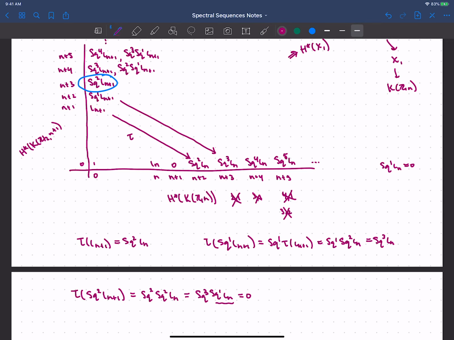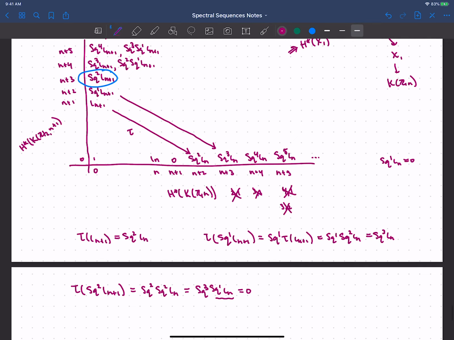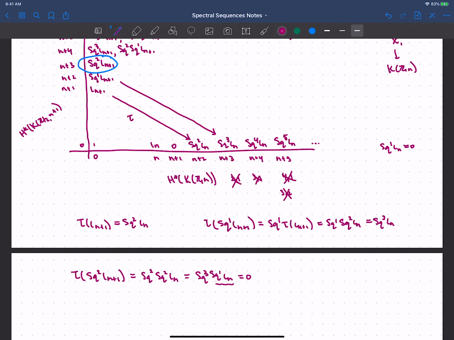Okay, this is all getting a little tight. Let's look at τ of Sq^3 ι_{n+1}. Well, I can pull the Sq^3 out, and then that's Sq^3 Sq^2 ι_n. One of our Adem relations tells us that Sq^3 Sq^2 is 0.